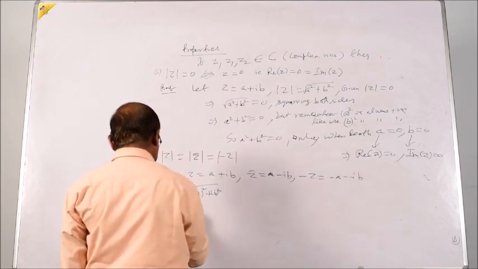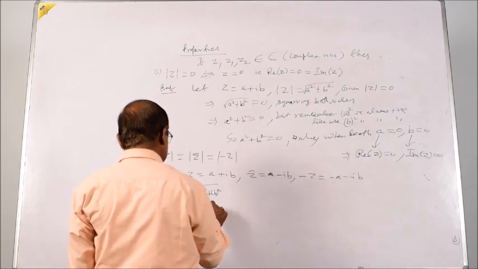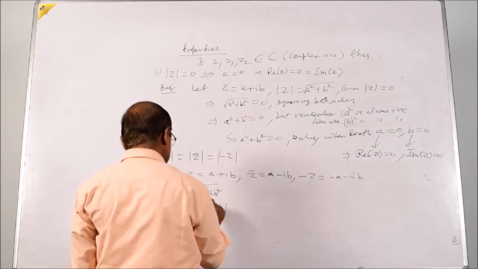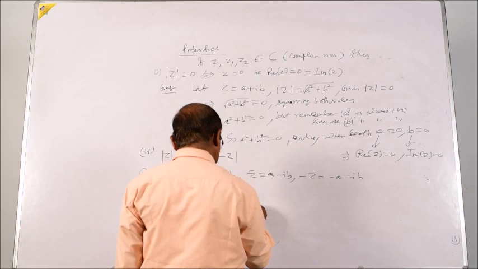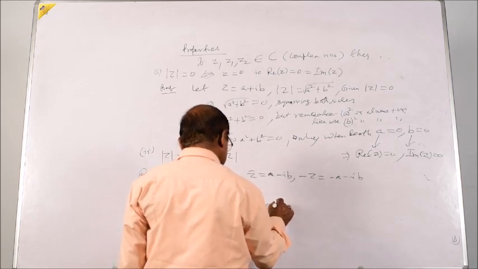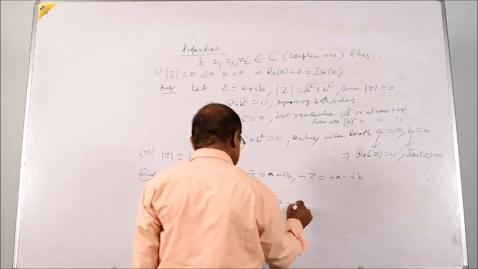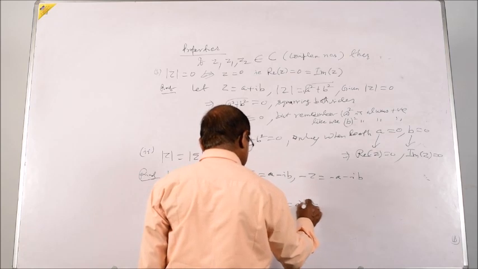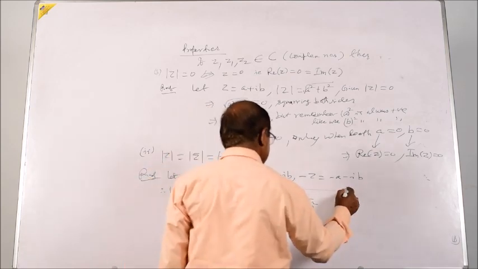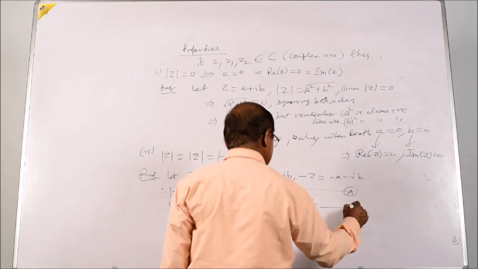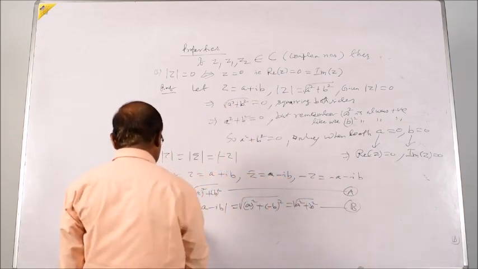And what is mod z bar? Z bar is a minus ib, so mod z bar is the square root of a square plus minus b whole square, that is the square root of a square plus b square. And what is mod of minus z?